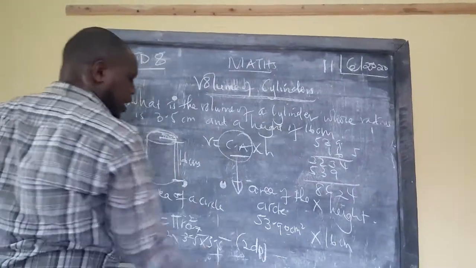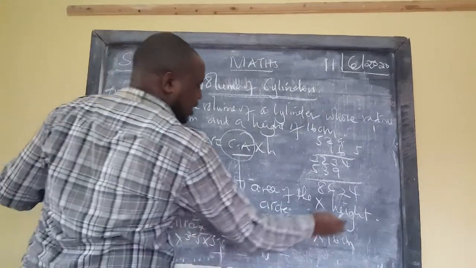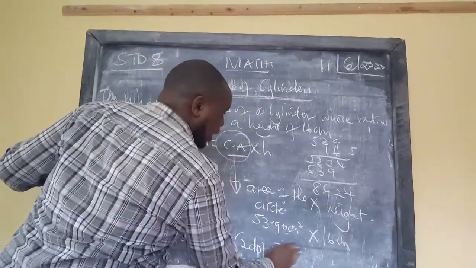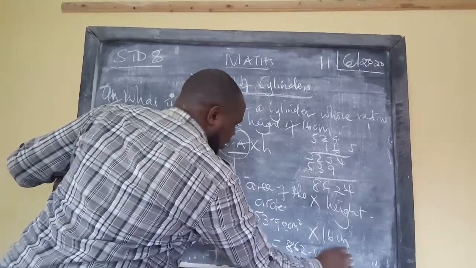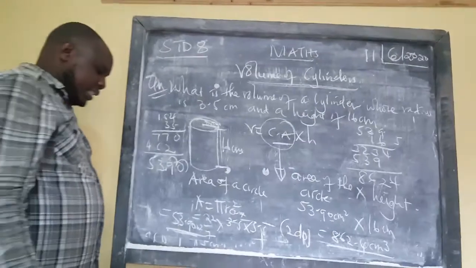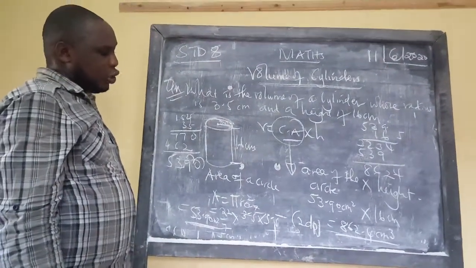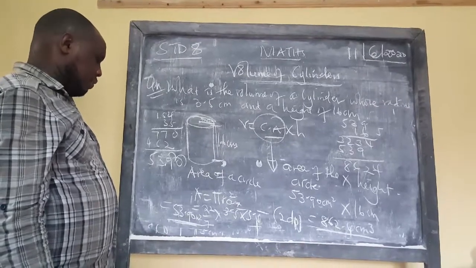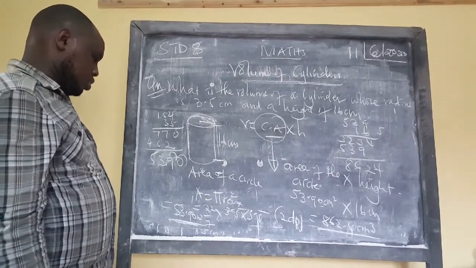Because of this 0 here, we are not going to put 2 decimal places, we are only going to put 1 because we have only 1 decimal place. So this is going to be 862.4 centimeters cubed. Remember, we are looking for volume.